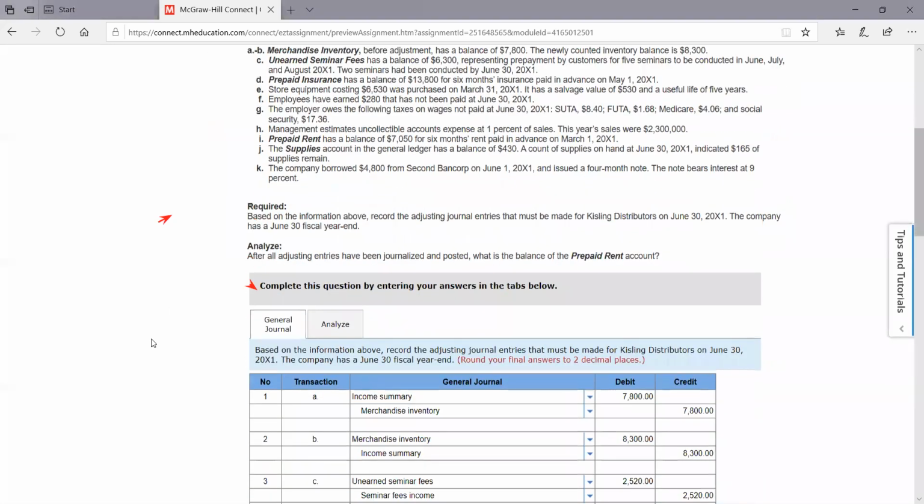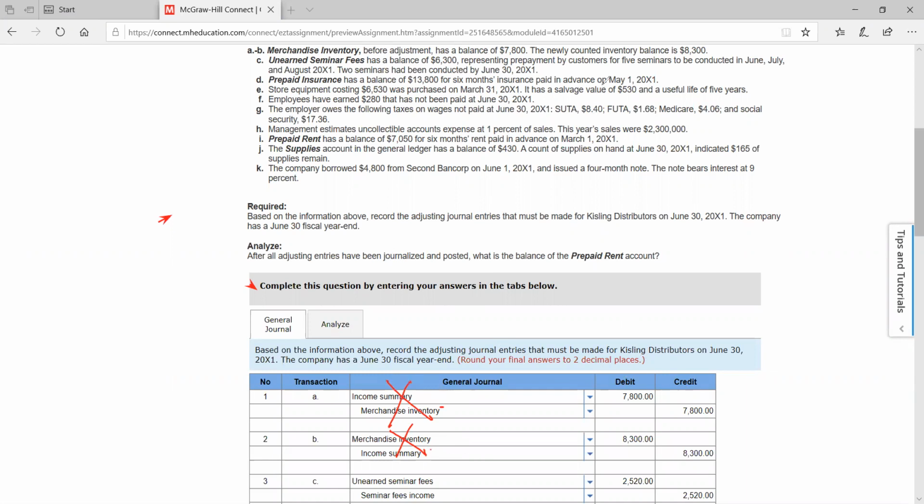And if you look at what they do, they use an income summary to make this adjustment. It really is kind of weird, confusing. So what I'll just tell you right now, whenever we get to this part, is if you get stuck on these two, you can pretty much ignore parts A and B. It's totally bizarre how they do it, but essentially they're using an income summary account to adjust the inventory.